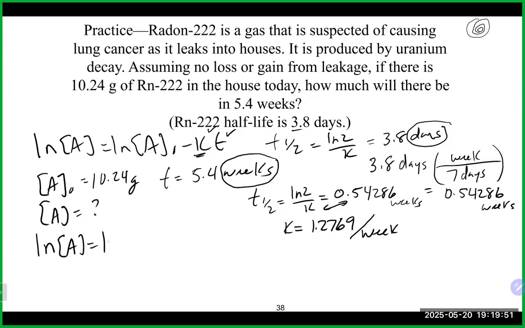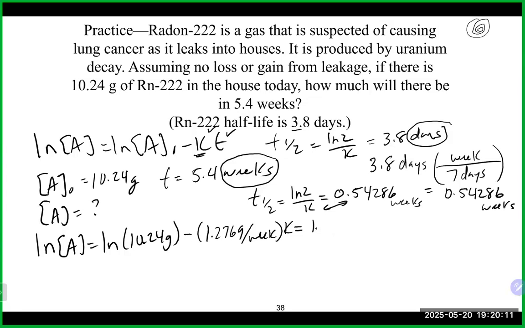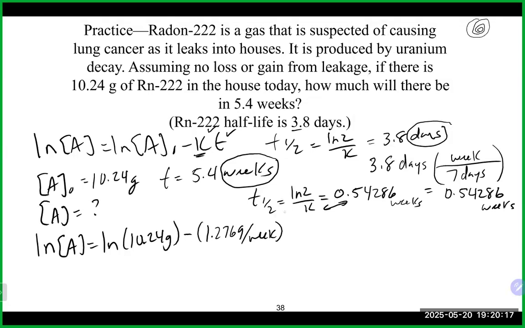That's going to be the natural log of 10.24 grams minus my K, which is 1.2769 per week, times our time, which is also in weeks, so everything cancels correctly. It was 5.4 weeks in this case. Weeks are going to cancel.